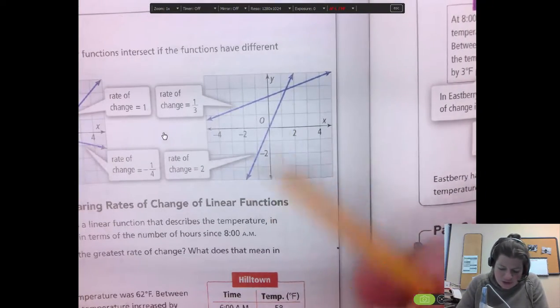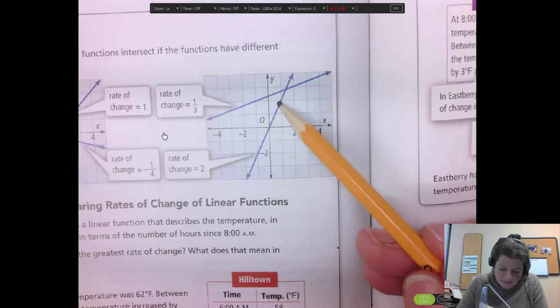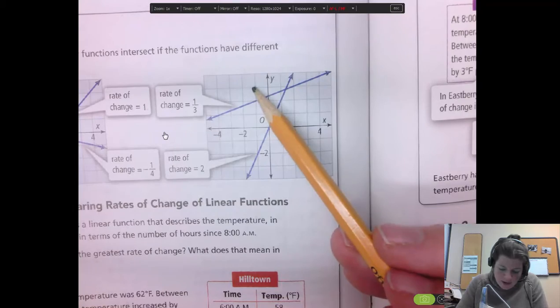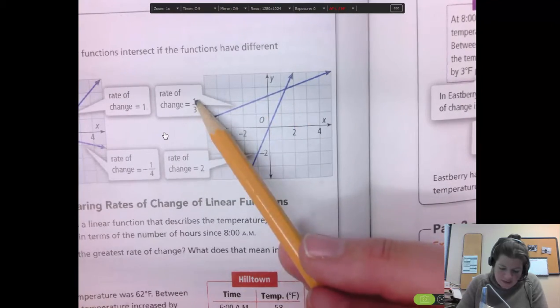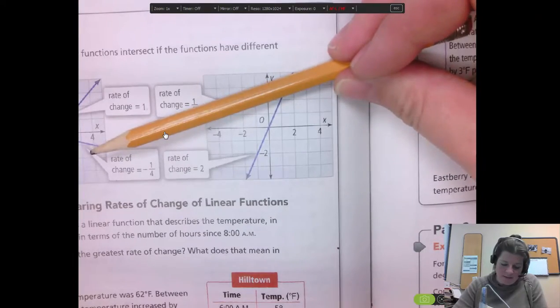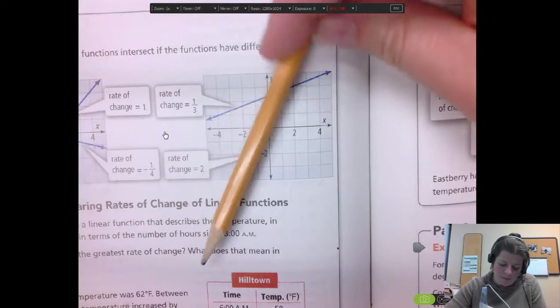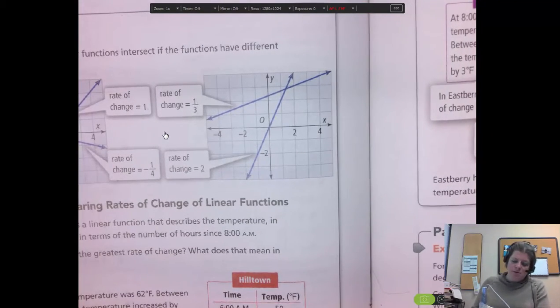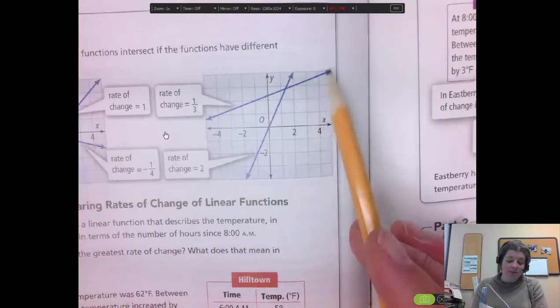The slope of this one is 2 because you go up 2 over 1. And the slope of this one here is up 1 over 3, so 1/3. What do you notice about this 1/3 line versus the rate of 2? Well, I noticed this one's flatter.